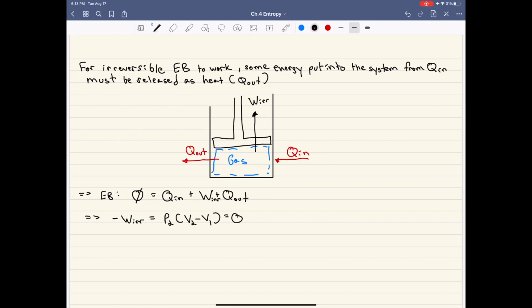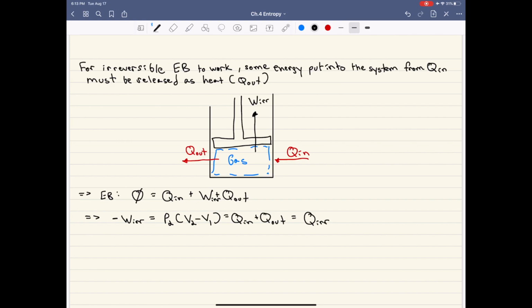And that's going to be equal to Q in plus Q out. Okay? And this, on the previous page, is what we called Q irreversible. Okay?